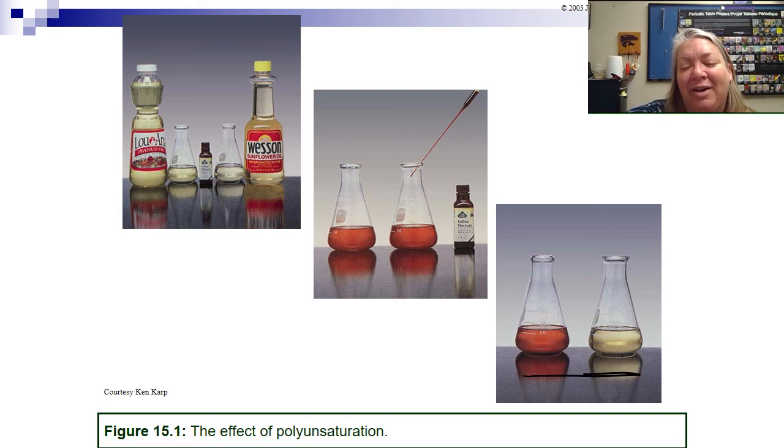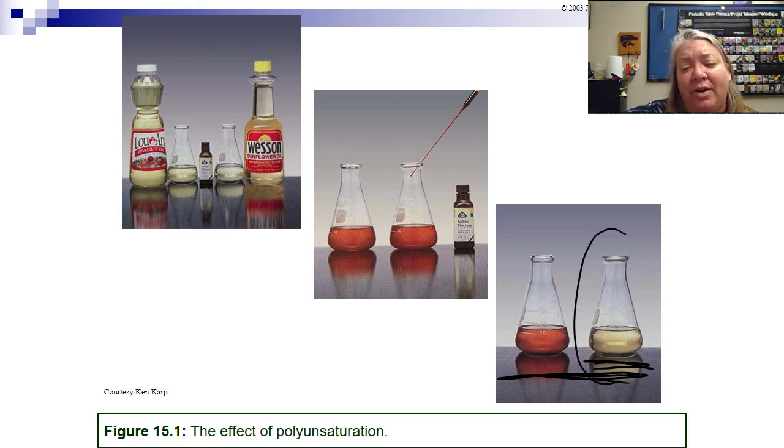So if we look at the bottom, you see that the one on the right is now colorless. We don't see the iodine anymore, meaning that the iodine molecule, that I2 molecule, was actually broken or separated, and it actually combined with that fat or that oil. That means that there had to be a lot of double bonds.